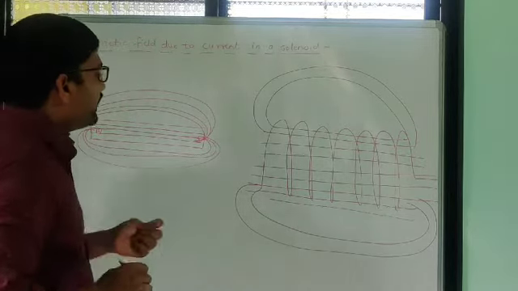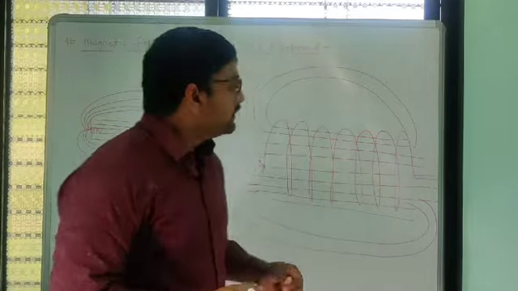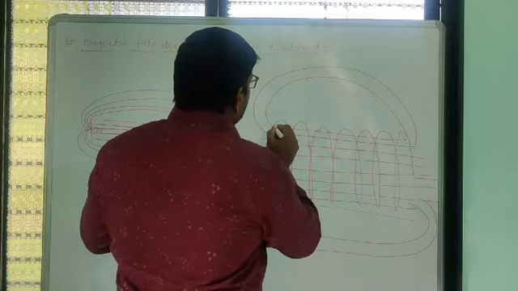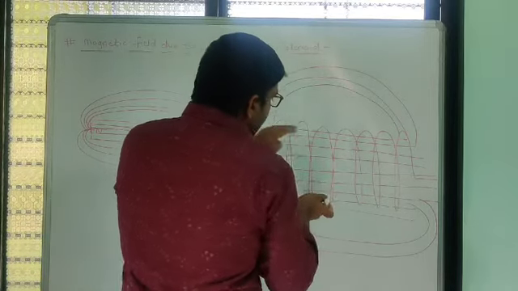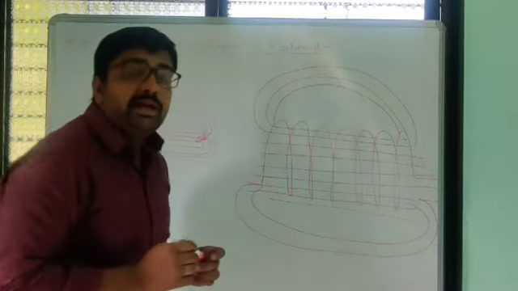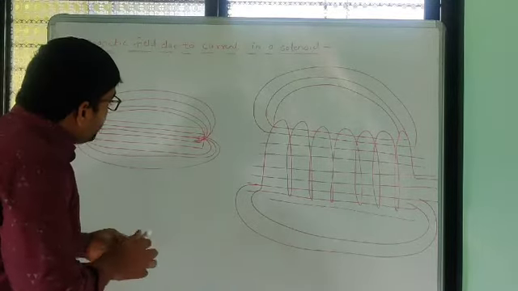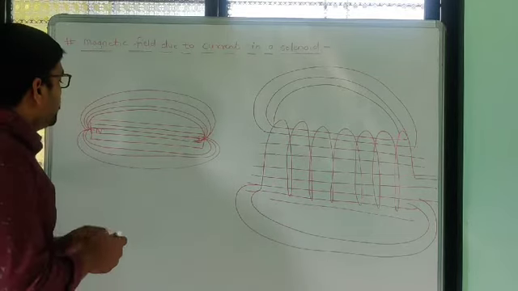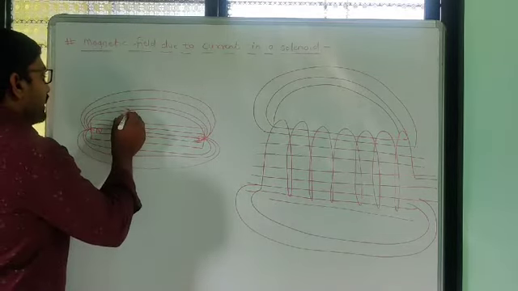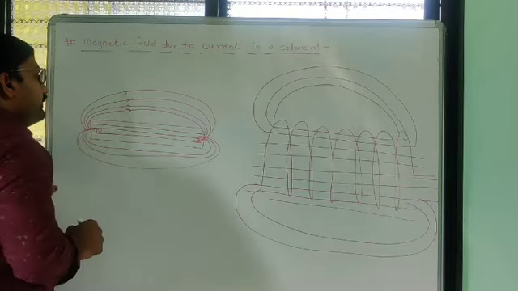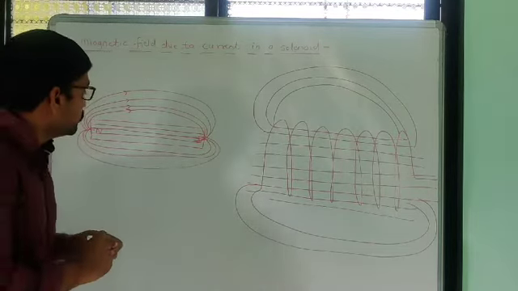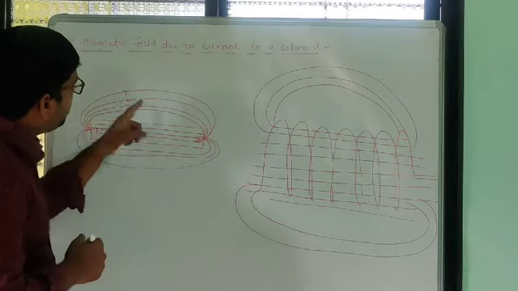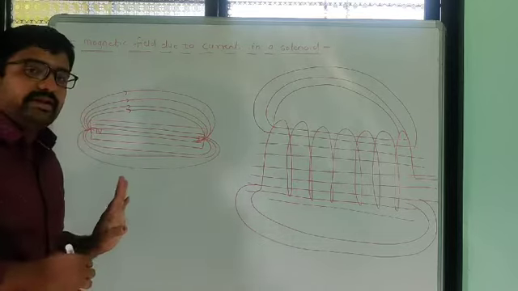If we take a bar magnet and a solenoid, this is the inside of the solenoid and this is the outside. Here we see the inside and outside of both cases. First of all, for the bar magnet, the magnetic field direction is north to south. Here we see the lines are present outside the magnet and also inside the magnet.